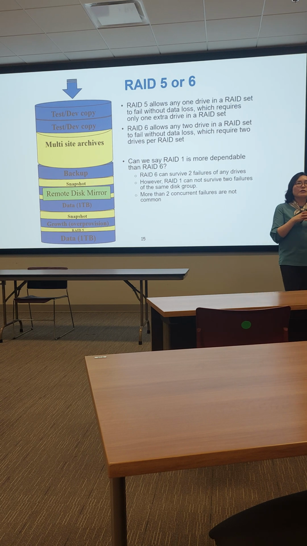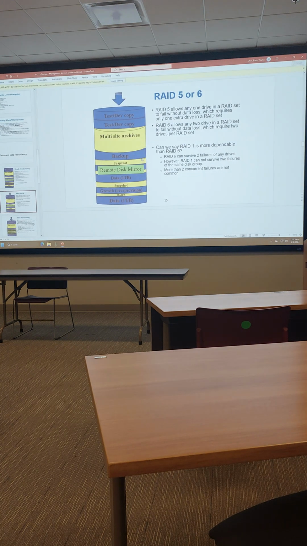Just n plus 2. With RAID 1, in fact, if you have 2 failures on the same disk, you lose the data. But with RAID 6, any 2 failures are okay. So you may not be able to say that RAID 1 is always better. RAID 6 could be even better, and it takes less space. So just don't think that more redundancy is always better.